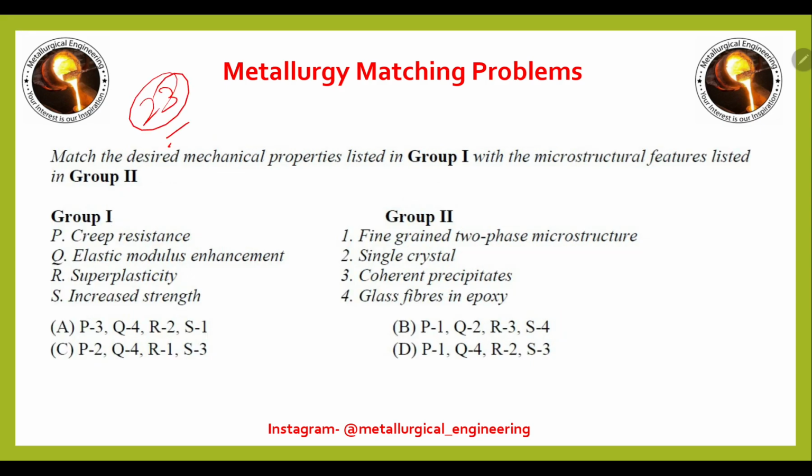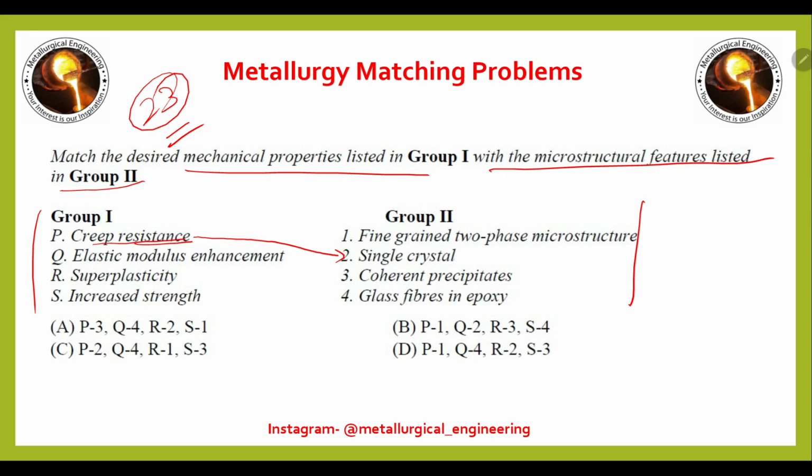The 23rd matching problem: match the desired mechanical properties listed in group 1 with the microstructural features listed in group 2. So in this, creep resistance comes from the single crystal, because there is no grain boundary available, so that will give better creep resistance or lesser creep rate. Elastic modulus enhancement, glass fibers in epoxy.